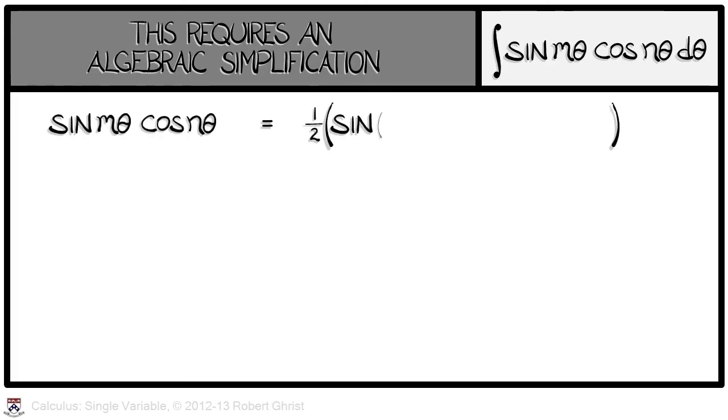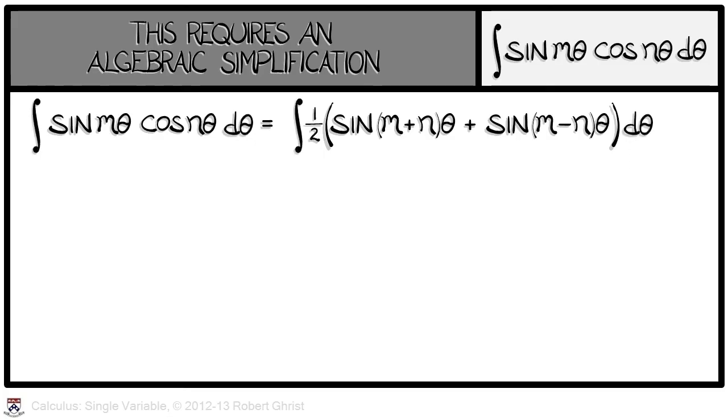The following formula is something that you do not have to know or have memorized, but which is extremely useful. That is, sine of m theta times cosine of n theta equals 1/2 sine of m plus n theta plus sine of m minus n theta, at least in the case where m and n are not the same.